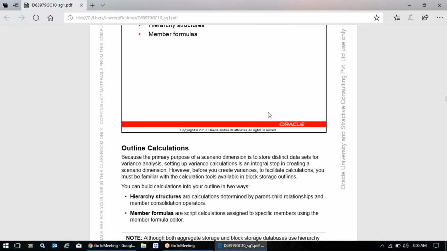So you basically fix. So you know the account name, right? So it's sales. So you fix sales so that no other account is disturbed. Okay. So you fix sales, you fix the scenario. So what scenario is this? You're doing the budget, right?